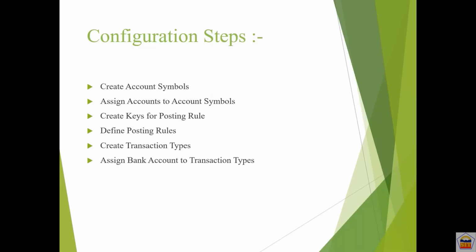You attach this information to your transaction type. Transaction type means the format you want to process for that EBS. Whether you go with the BAI2 format or the MT940 format, you can attach that format to your bank account details. So these are the steps we have for the EBS.